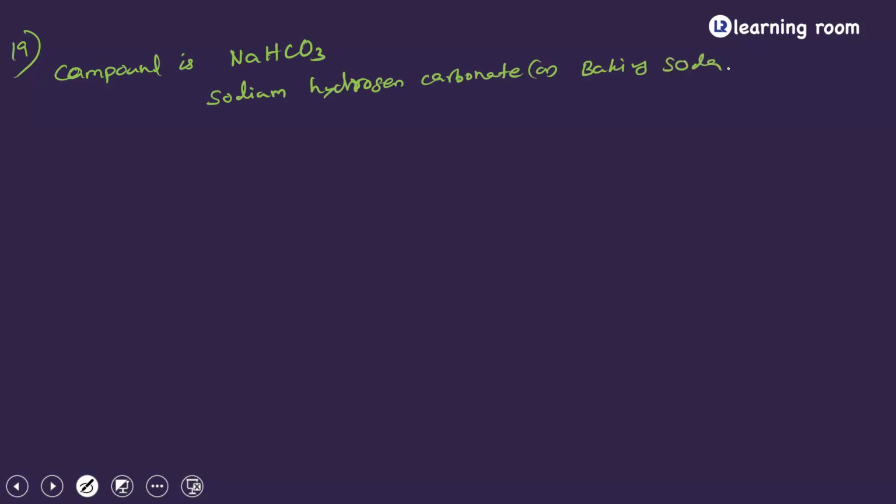So how will you prepare it? When ammonia gas is treated with sodium chloride in the presence of water and carbon dioxide, it will give ammonium chloride plus sodium bicarbonate. It is one of the ways.